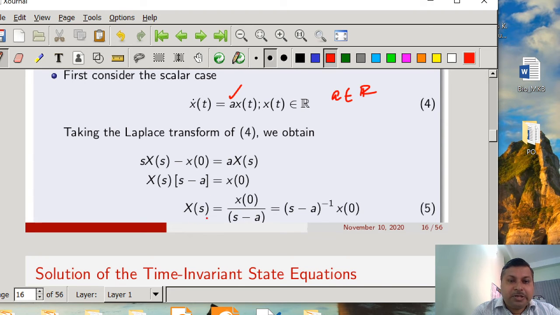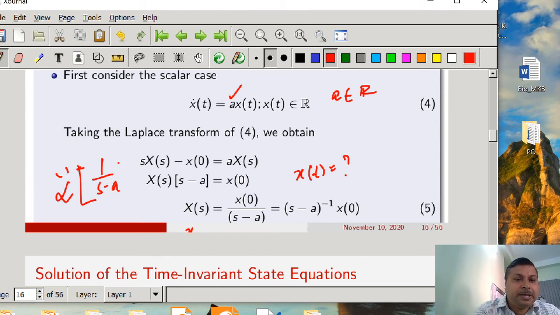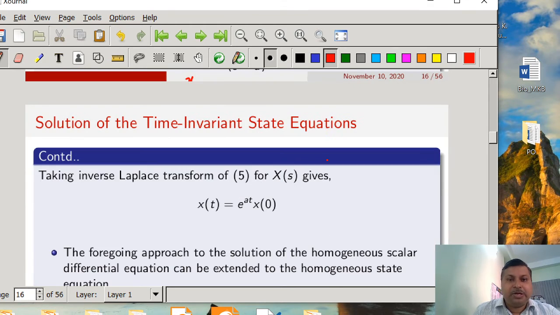Now if we take the Laplace inverse to write what is x(t), then what will be the Laplace inverse of 1 by s minus a? You will find that x(t), which is computed in the next slide, is e to the power at into x0.